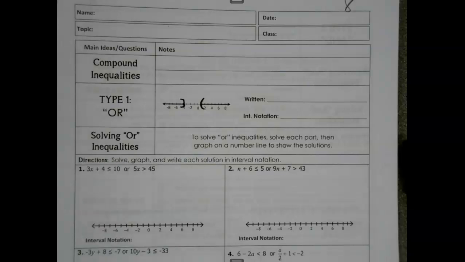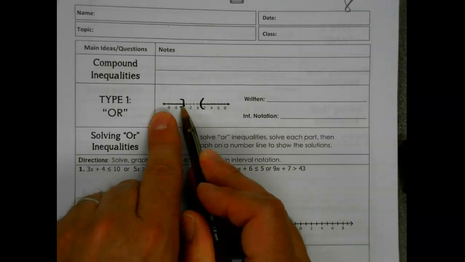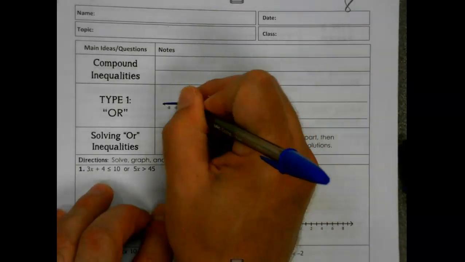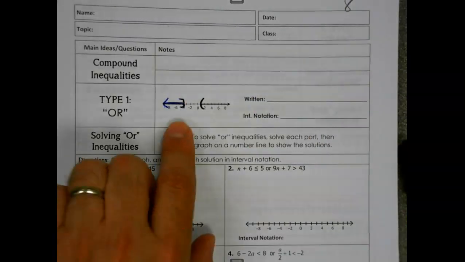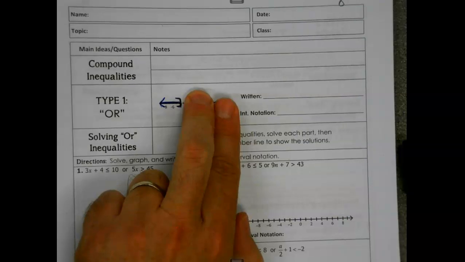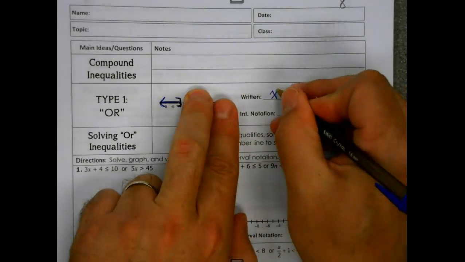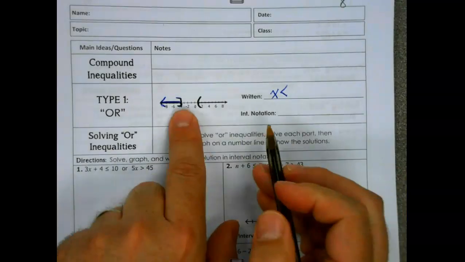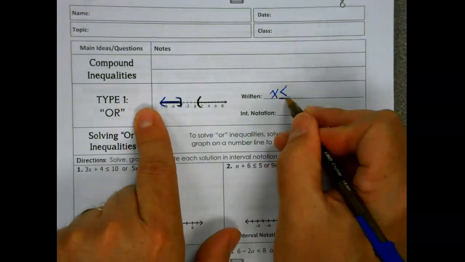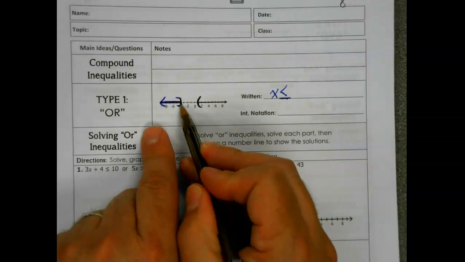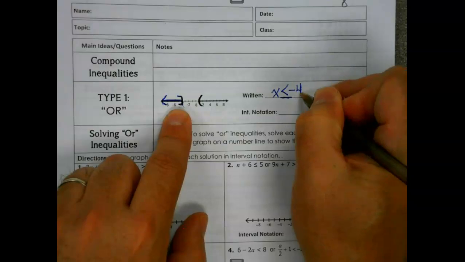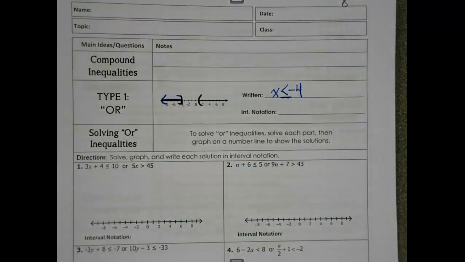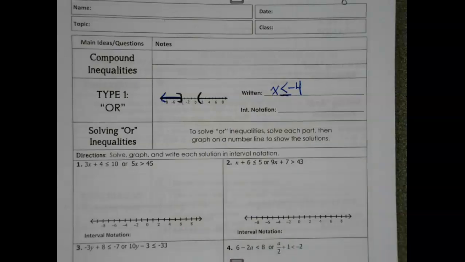And so if I was looking at the graphs of each of these, if I was just looking at my bracket one here at the start, and that was the only thing I had here, I would have x is less than, because my arrow's going to the left, or equal to, because it's a bracket, all these little clues. And I kind of squashed out my -4 when I was making my bracket. We'll get to the interval notation.